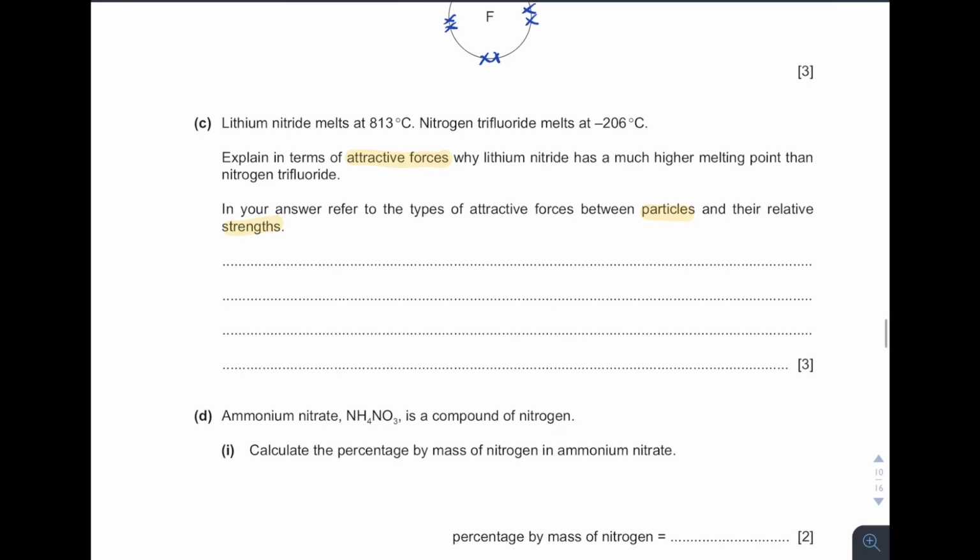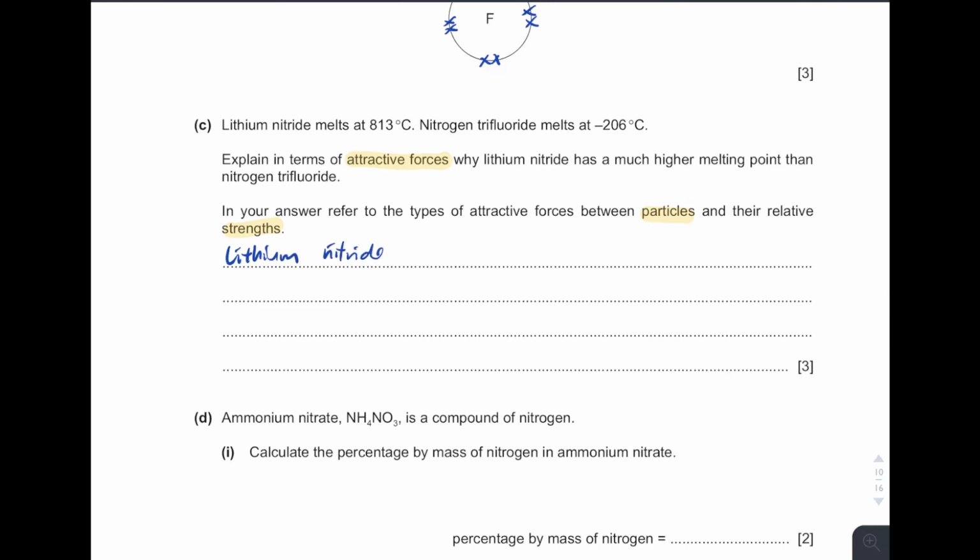Okay, so we know lithium nitride has ionic bonds. So it also has strong electrostatic forces of attraction.